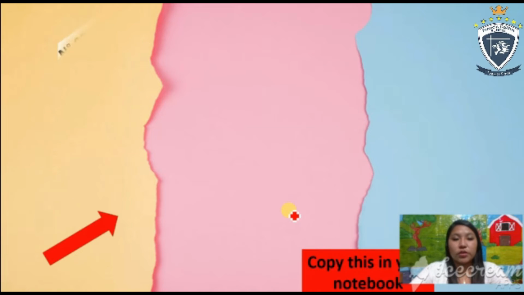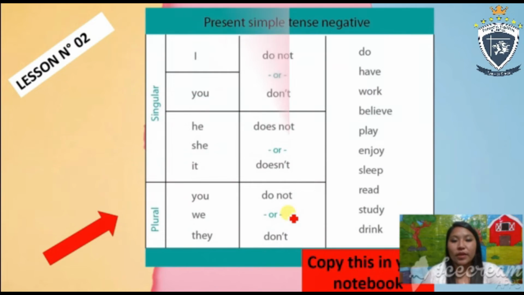Let's look at another chart. What are you going to write in your notebook? Lesson number 2. Look at this chart. Present simple tense negative. We have here our singular pronouns and our plural pronouns. We have I, you, he, she, it.